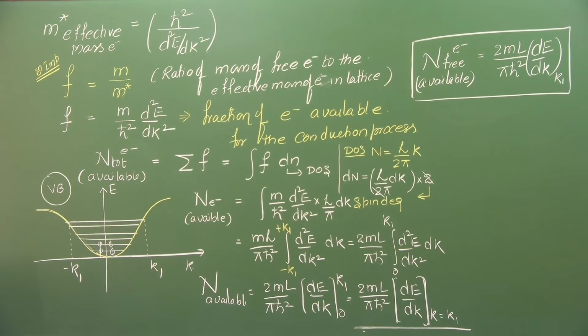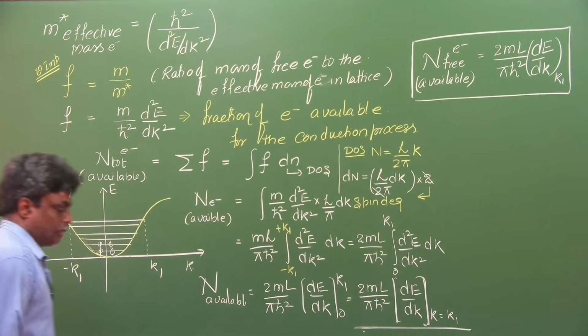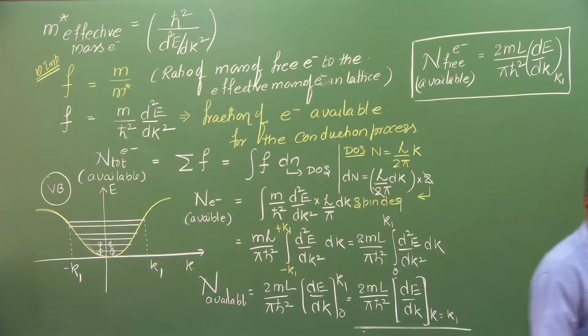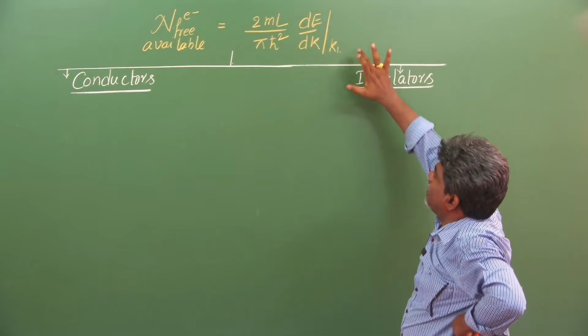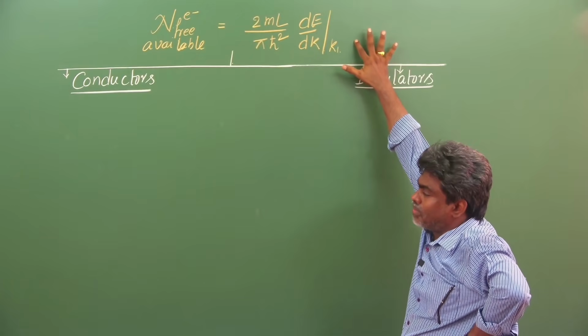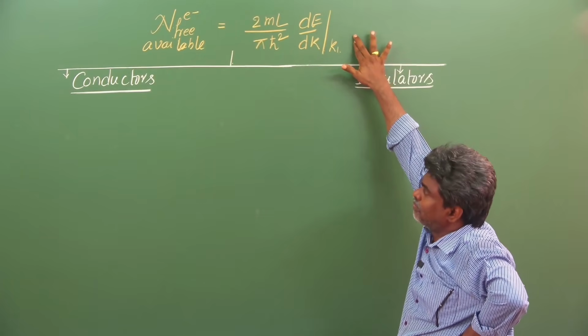We don't know where your valence electron is, 3d, 3p, something like that. For that electron there exists a particular k value. So these are the total number of electrons available for the conduction.